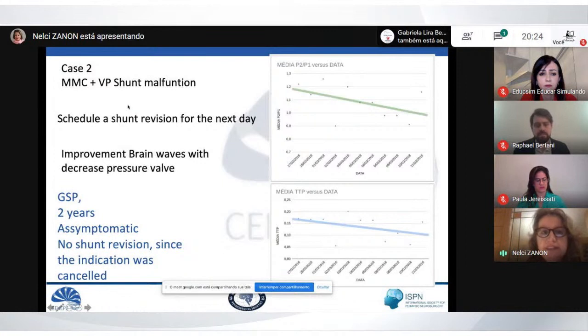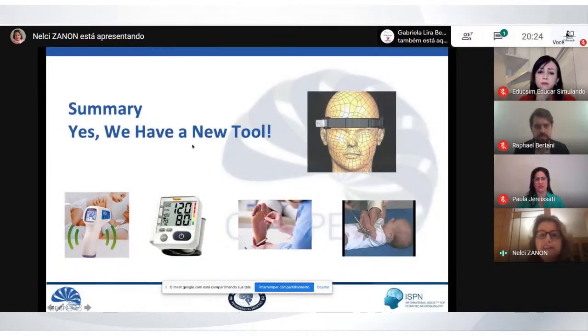We decided on the non-invasive pathological monitoring, and we decided to open the adjustment of the valve, and we can see here the improvement each day. At the end of this case, we canceled the surgery, and the patient stayed well for a while. In summary, yes, we have a new tool.